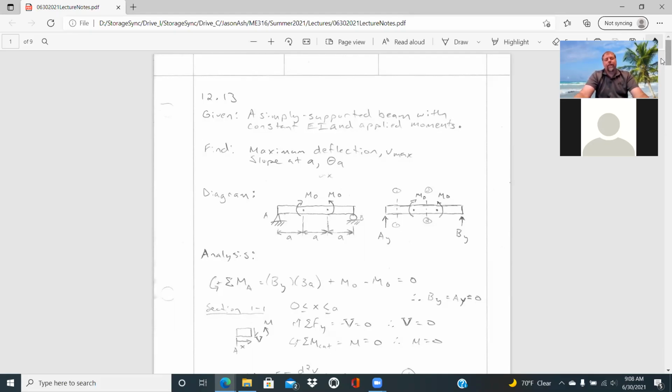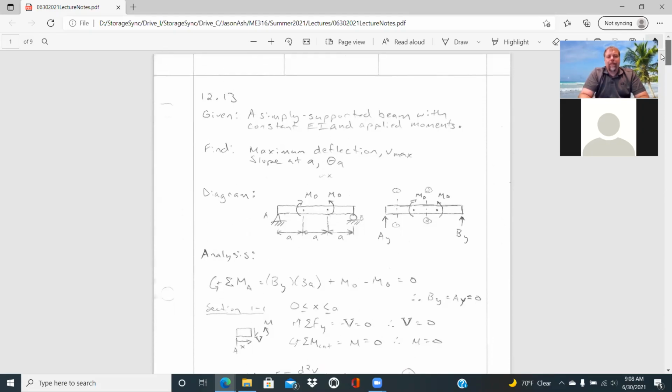And we'll show how to do that. And then we'll get into the discussion on making use of the tables to more quickly solve those problems. If you don't have to go through the integration, if that's already been done for you, you can turn an hour problem into a 10-minute problem. And so we'll discuss that.